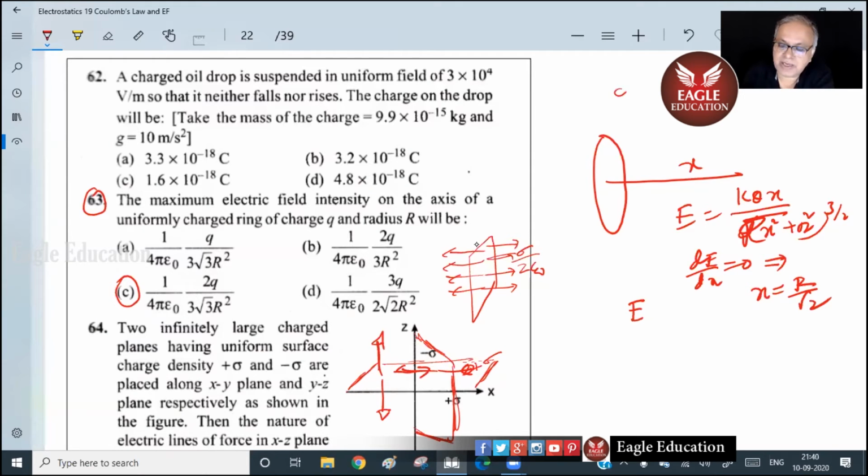There will be mg acting down, and if it is suspended, EQ force must be acting up in the presence of electric field in a uniform field of so much, right? So if it is suspended like that, EQ equals mg. EQ minus mg equals 0. So E is given, right? Q is not given, mass is given. Substitute and get your answer. Come on.